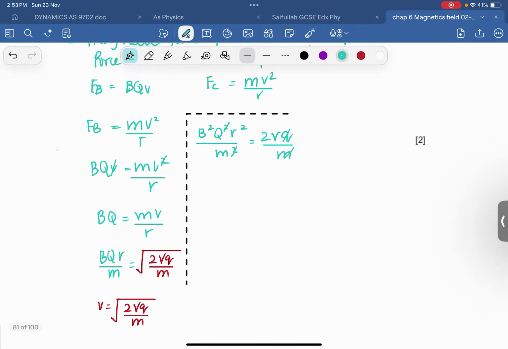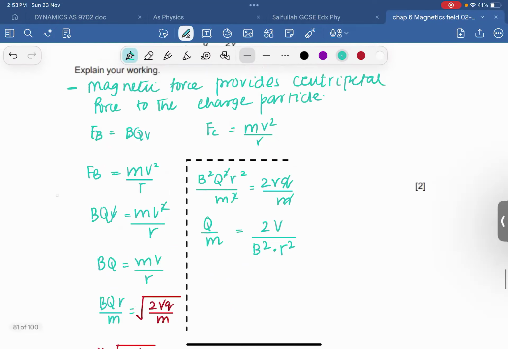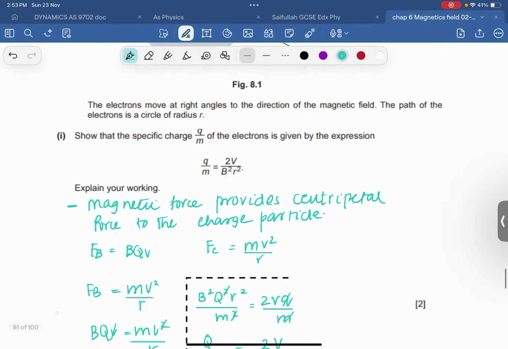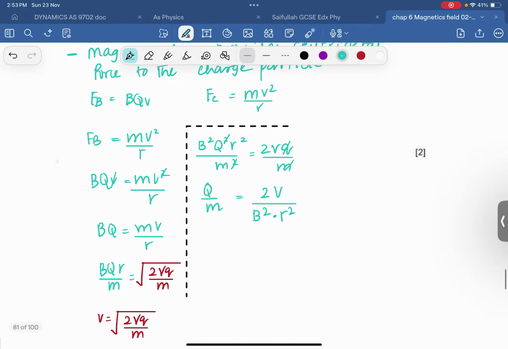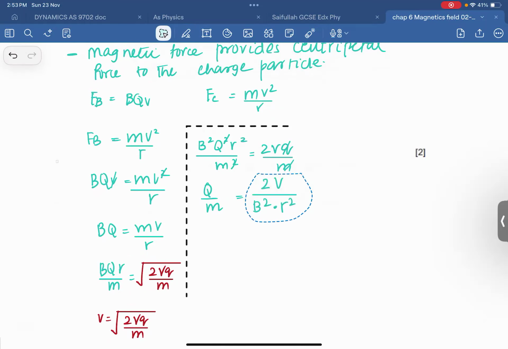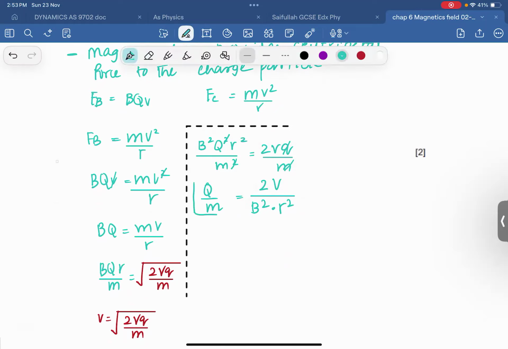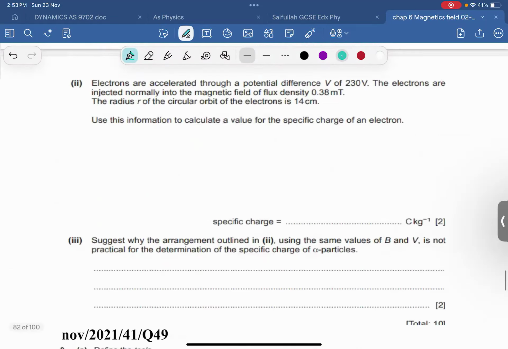So leave the q and m here and bring everything to the other side. So 2 capital V, the voltage, divided by B squared and r squared, right? Yes, fine, proved. Okay, is that clear? Fine. Okay, please move on.